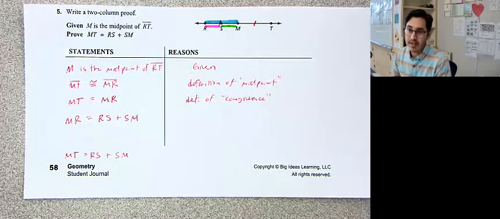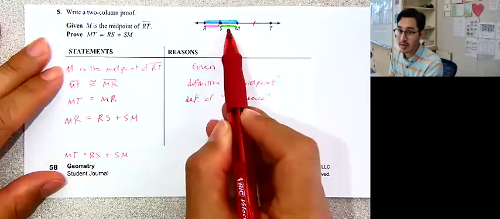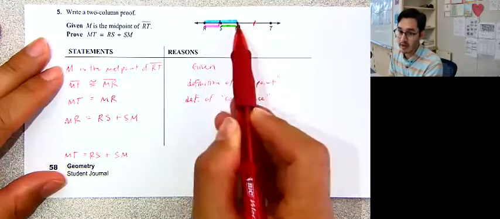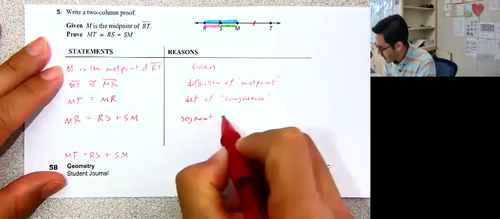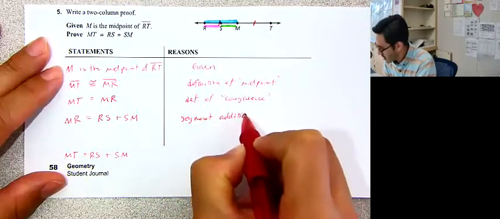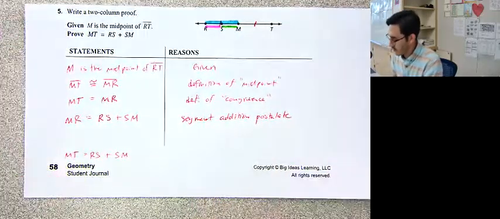It's called segment addition postulate. Two small segments that are adjacent to each other will add up to make a longer segment. So our reason is going to be the segment addition postulate.